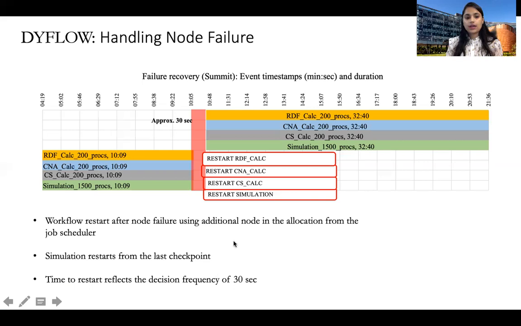In this case, the simulation starts from the last checkpoint, and this is enabled by LAMMPS's checkpointing service. The total time between when the event happened and when the workflow restarted was 30 seconds. DYFLOW itself didn't take any time to restart the workflow. All this time comes from the decision frequency of 30 seconds.